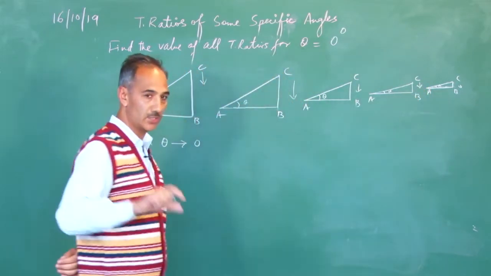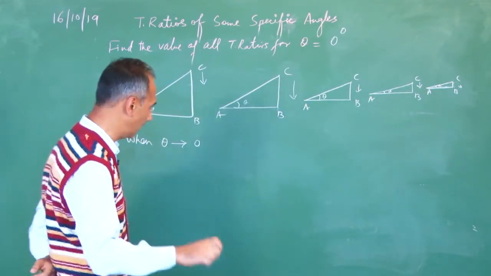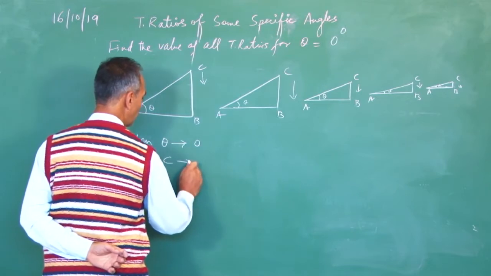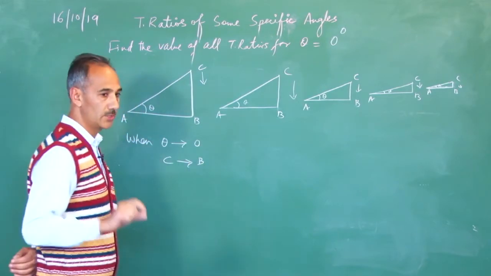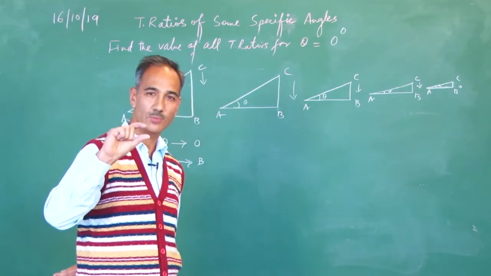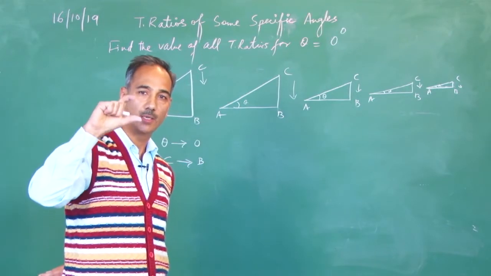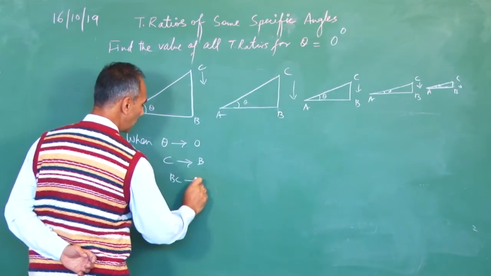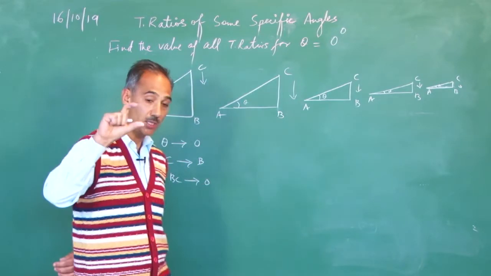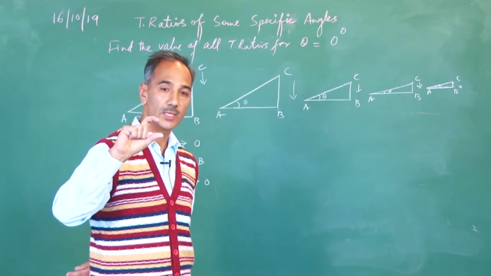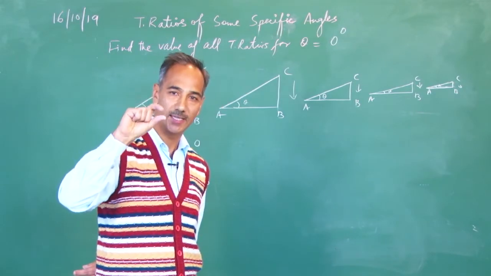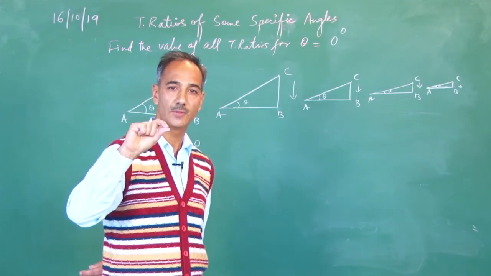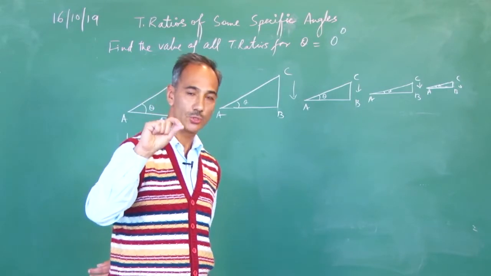We observe that C comes closer to B, to the perpendicular BC. What happens to BC? BC approaches 0 because C is falling on B, so the difference between B and C decreases. So C coincides with B. That means BC length approaches 0.